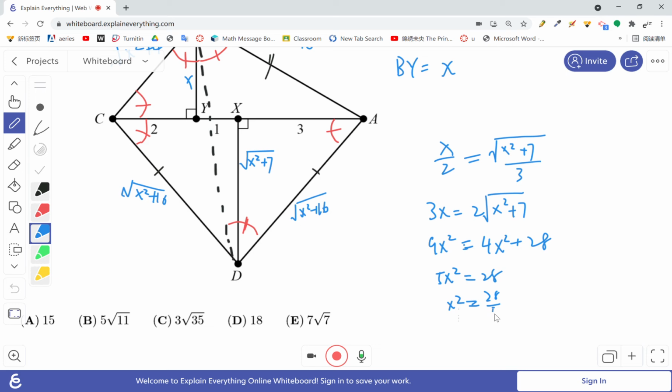Actually, when you see this, you can have a pretty good sense that the answer must be C or E, since there's a square root of 7 involved.